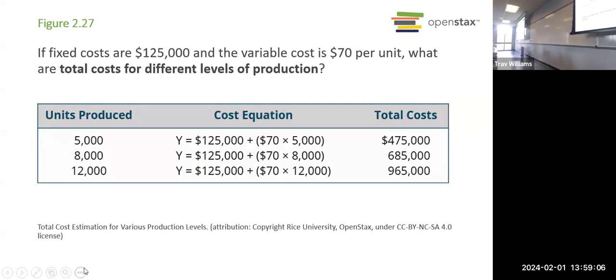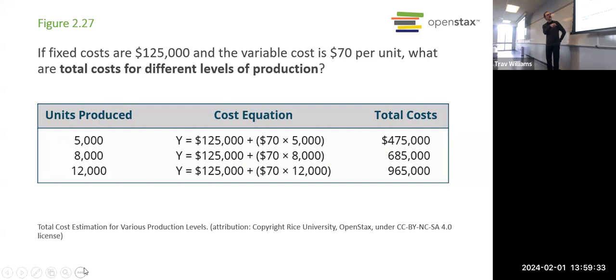Now, here we see an example of how we could apply that formula if we knew that total cost equals a fixed cost of $125,000 plus a variable cost of $70 per unit times the number of units. And whatever the number of units is, we can estimate what that mixed cost would come out to, right?